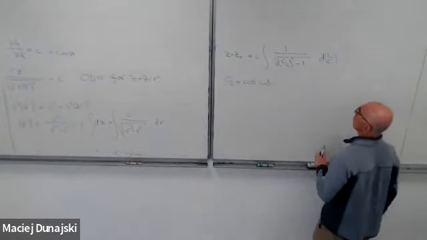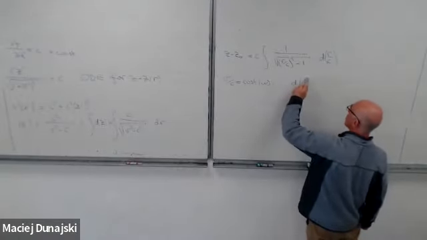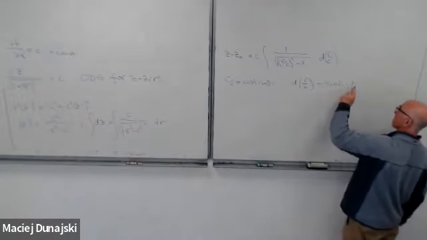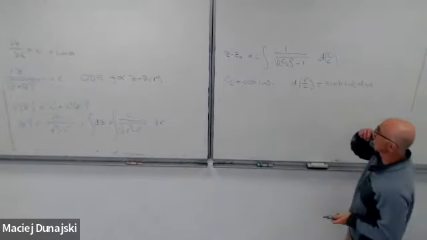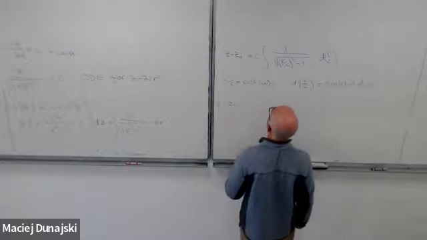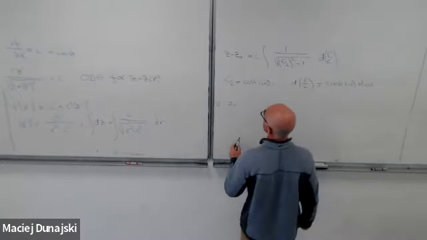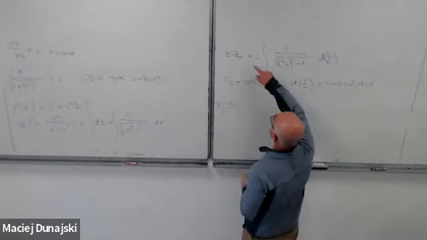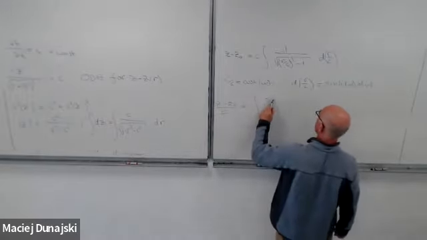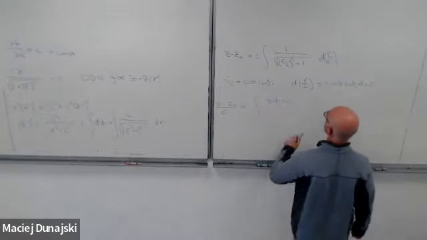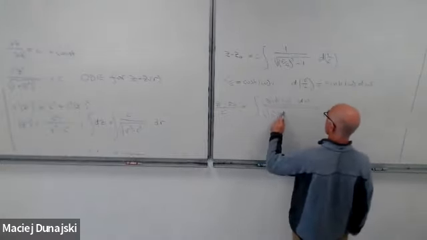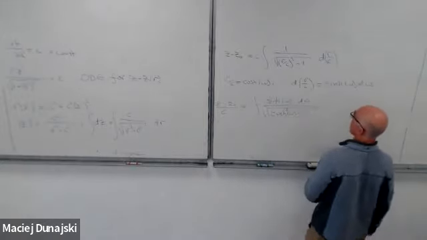Okay. So D of R over C is sinh W dW. Now I get Z minus Z0 over C, so I'm dividing by this C here, equals an integral of sinh W dW divided by square root of cosh squared W minus 1.